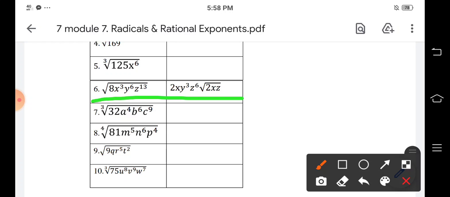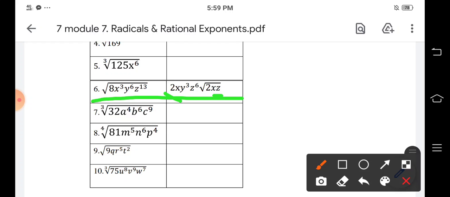One of the factors of 8 is 4, which is a perfect square, and the other one is 2. So 4 times 2 is 8. The square root of 4 is 2, so that is why we bring out 2. Next, the square root of x cubed is x, with a remainder of 1, so x is left.